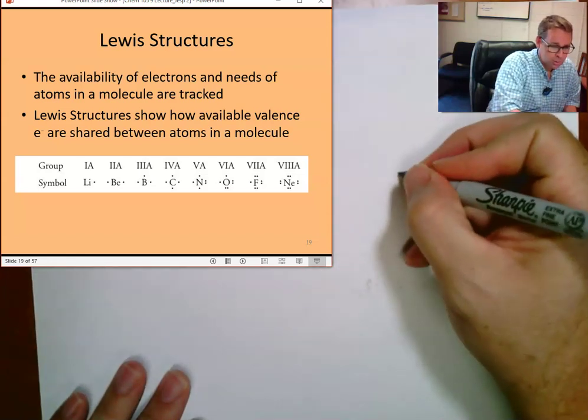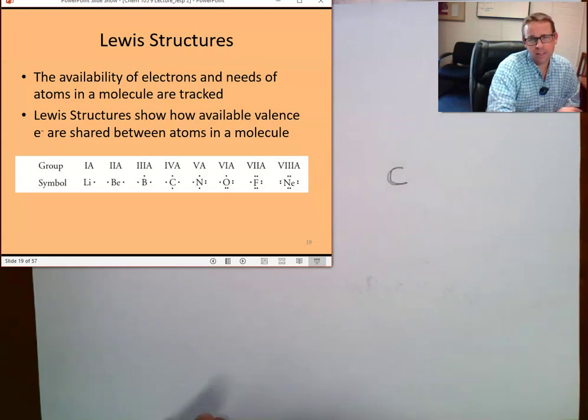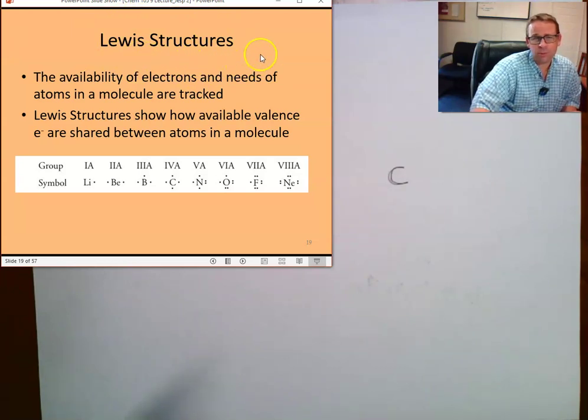So, for example, you write down the elemental symbol for the element, carbon in this case, and then you write dots around it for the number of valence electrons it has. Now, valence electrons for nonmetals, that's where Lewis structures are really valuable. We'll brush over a couple of examples with ionic compounds, but in general, Lewis structures are for molecular compounds.